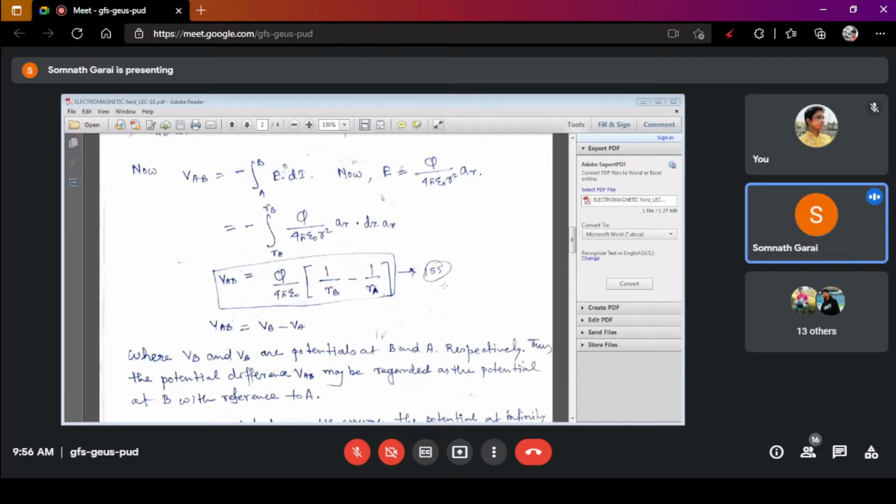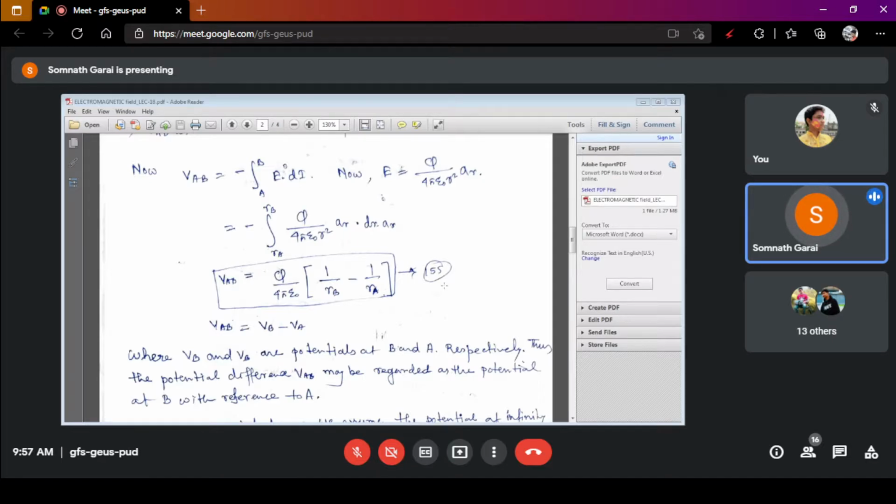Right. Another thing, we know that if we take a potential difference between 2 points, VAB is represented as VB minus VA.